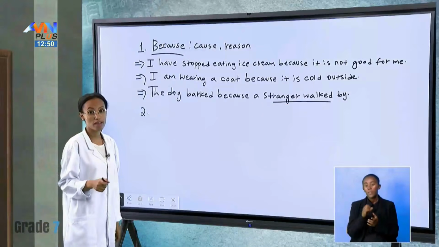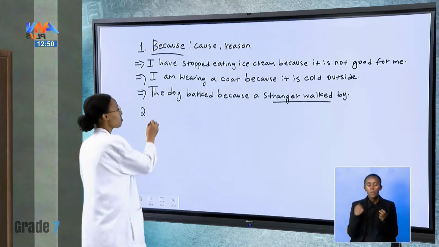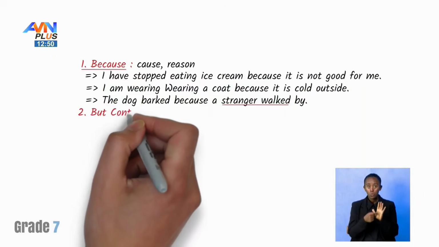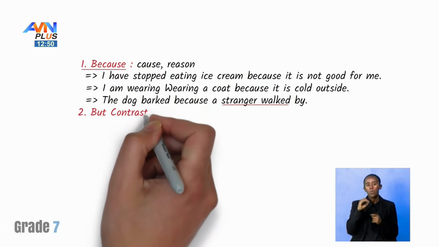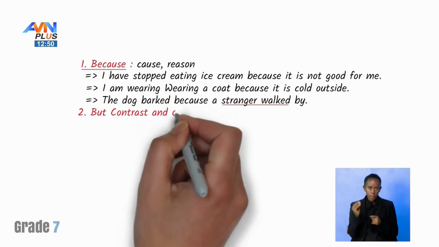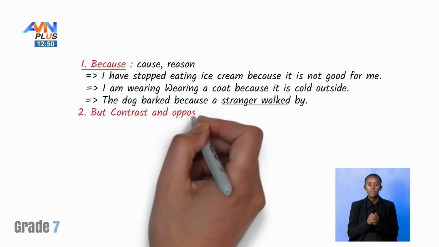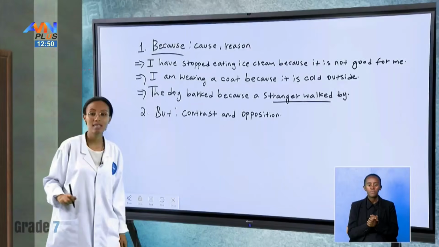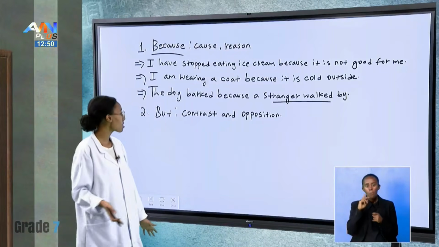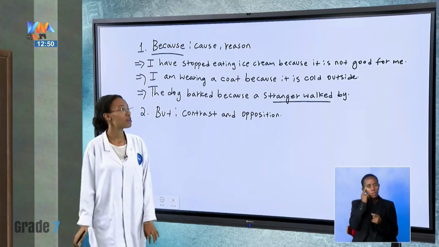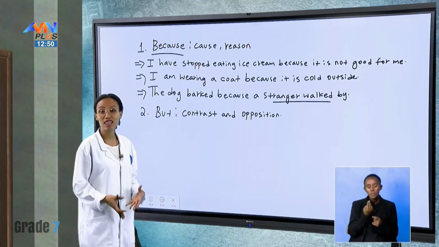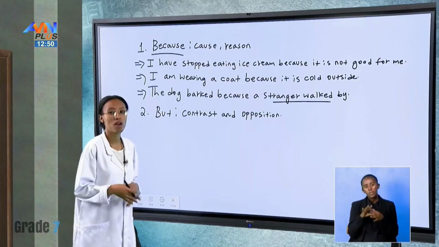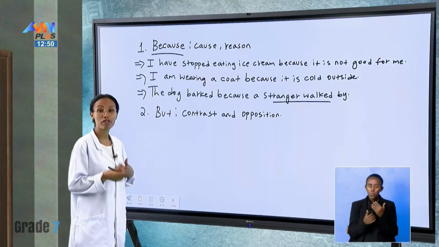The other topic that we have today is but. We use it to show contrast and opposition. This is, I think, the most commonly used conjunction, like and, right? We use and a lot in our sentences when we're talking and also when we're writing.